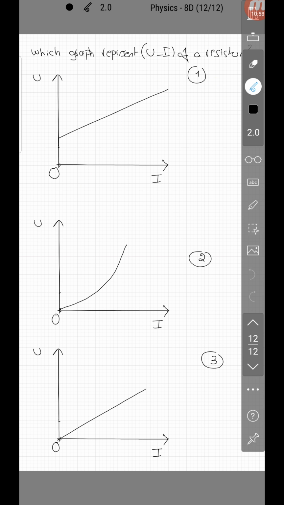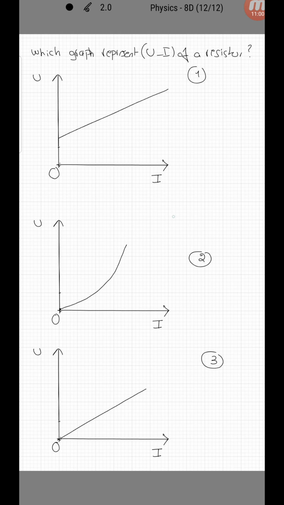Now, which graph of these three graphs represents the UI characteristic of a resistor? Number 1, in graph 1, I have a straight line, but it's not passing through the origin, so number 1 is not a resistor. In number 2, it is passing through O, but the graph is not a straight line, so number 2 is not a resistor.